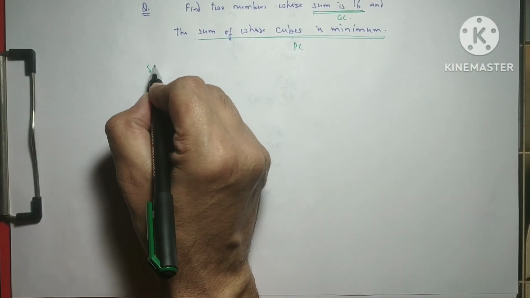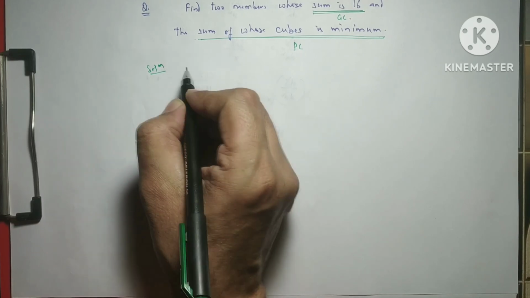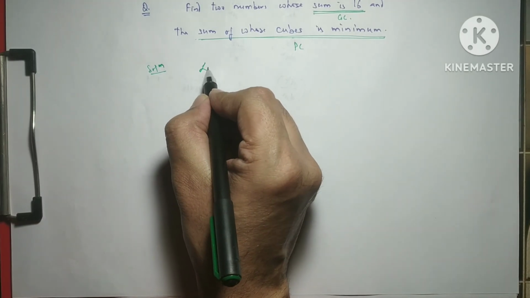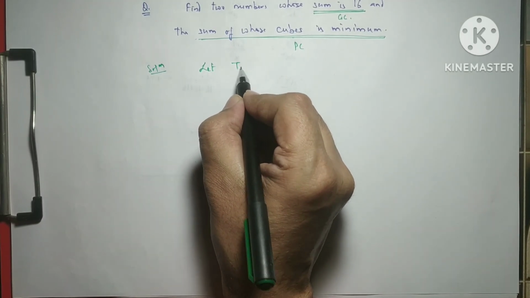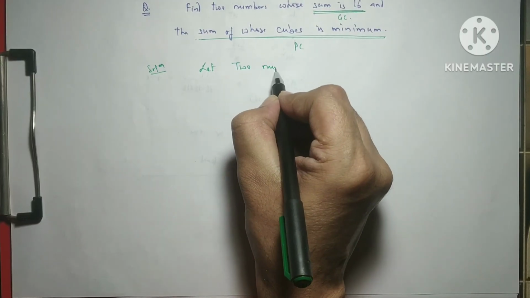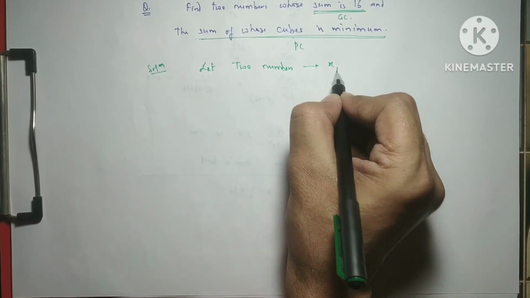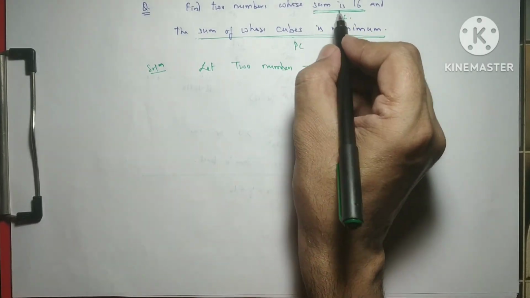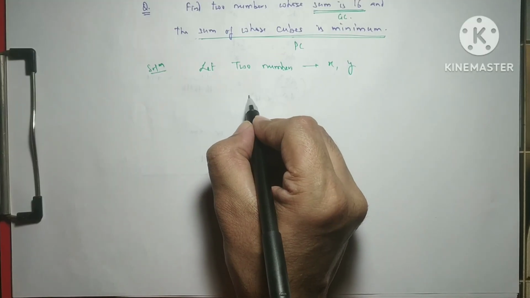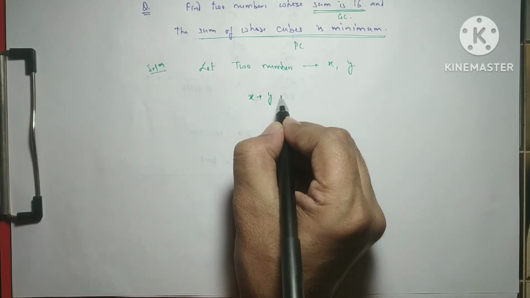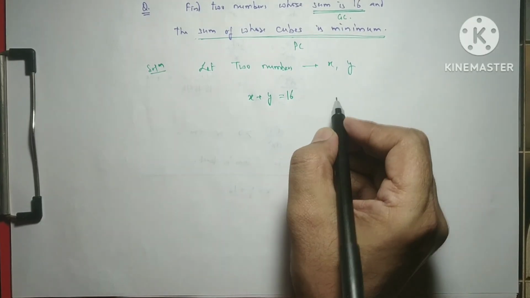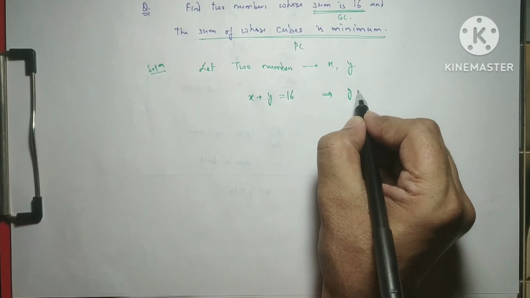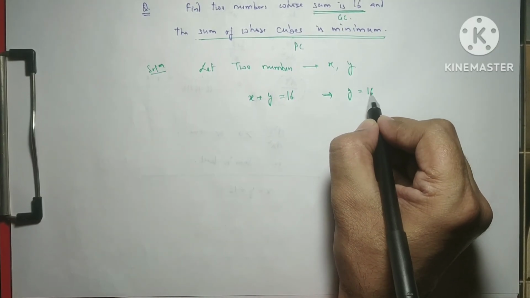So the solution will be, we have two numbers. Let these be x and y, and according to the given condition, whose sum is 16, means y is 16 minus x.